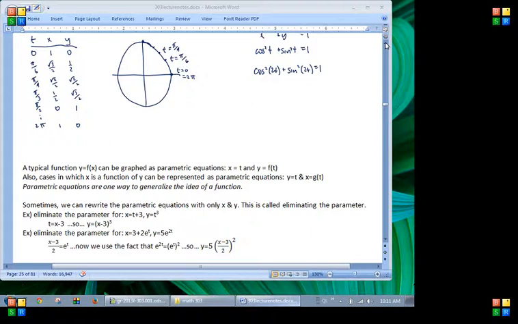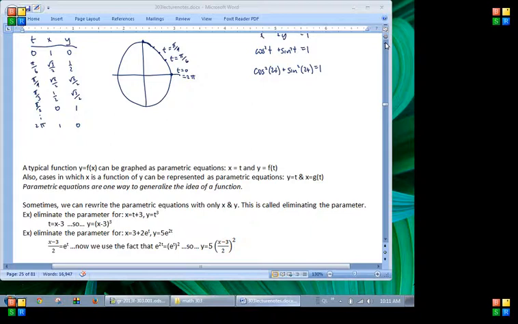So we can solve for e to the t, and that's linear. That's very easy. In the first equation, you just subtract 3 and then divide by 2. So you get e to the t equals (x minus 3) over 2. And now we realize that e to the 2t is just (e to the t) squared. That's just algebra.